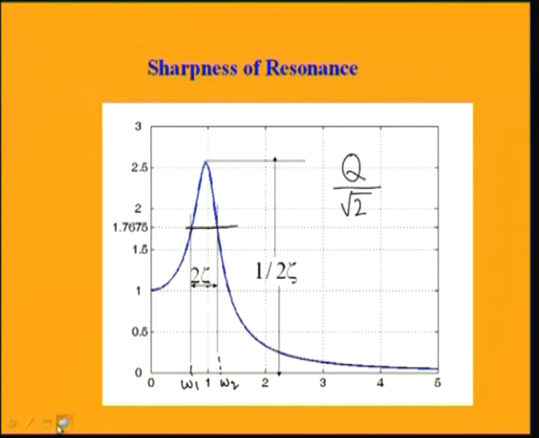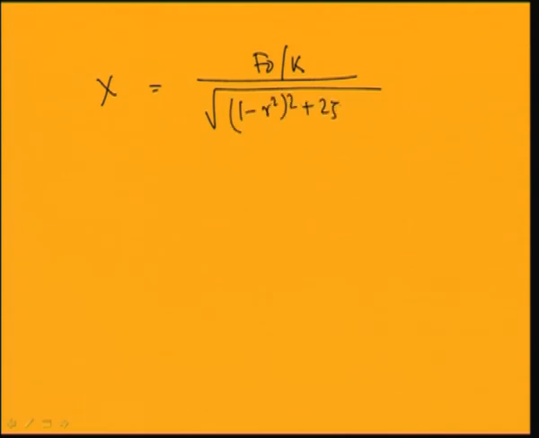So, I know that x equal to f0 by k divided by root over (1 minus r square) whole square plus (2 zeta r) whole square. At resonance, as resonance occurs nearly at r equal to 1 for lower value of damping, that is omega equal to omega n, or r equal to 1.